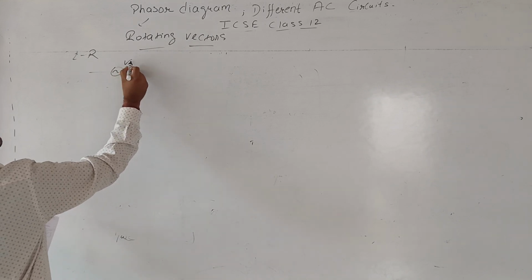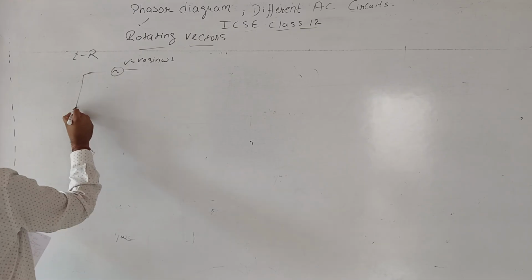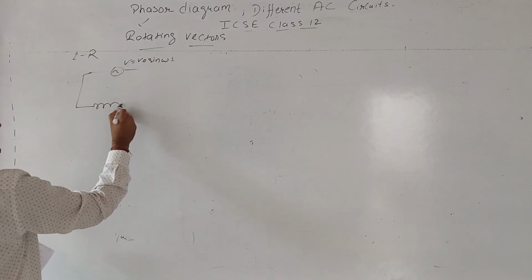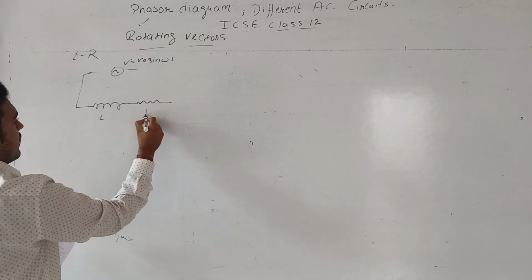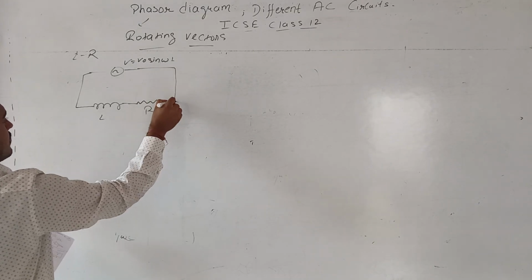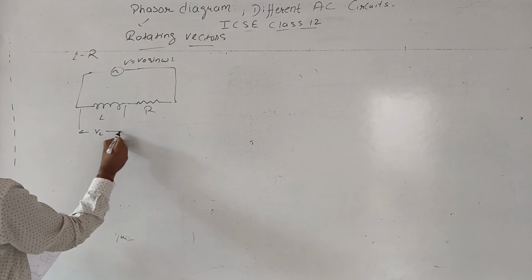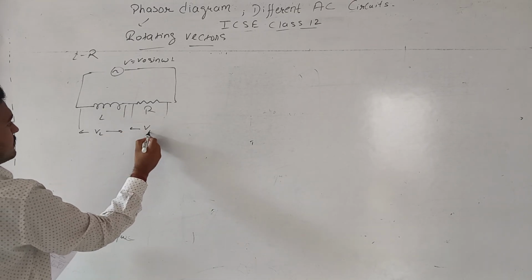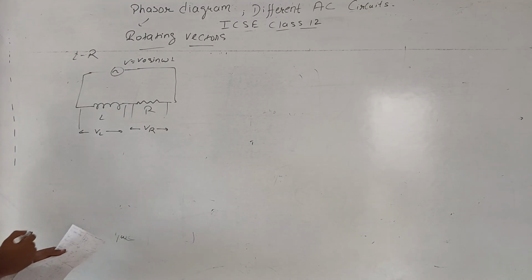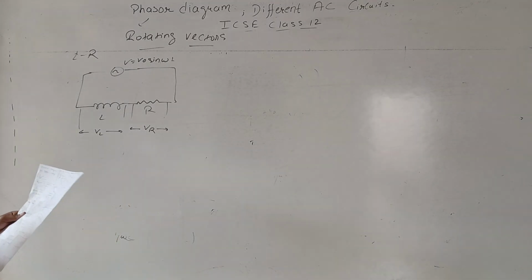Again V is equal to V naught sine omega t is our source, and then we have an induction coil L, and then we have a resistance R. Let the potential across the inductor be VL and the potential drop across the resistance be VR.